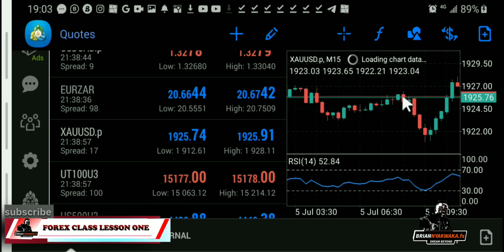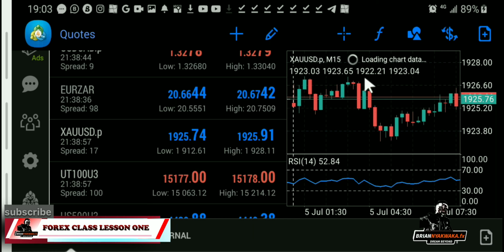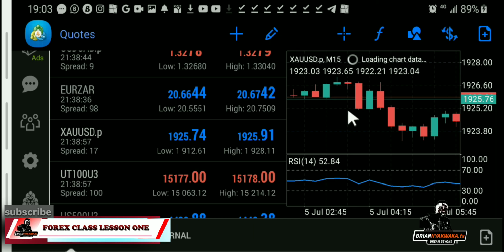So the body of a candlestick is very, very significant because it portrays the kind of pressure that is in the market. When you see a red candlestick with a huge body, it tells you that sellers are dominating the market. This is a 15 minutes time frame.